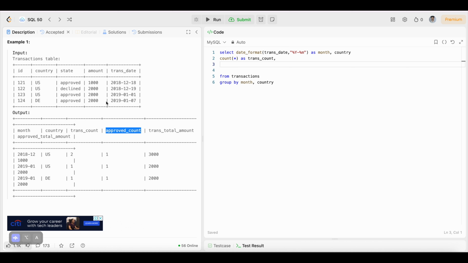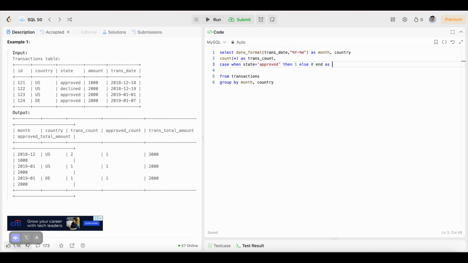For December 2018, one of the transactions was approved and one was declined, so let's use a case when condition here: when state is approved, then 1, else 0, as approved. No, this is the transaction count, which we have already calculated.